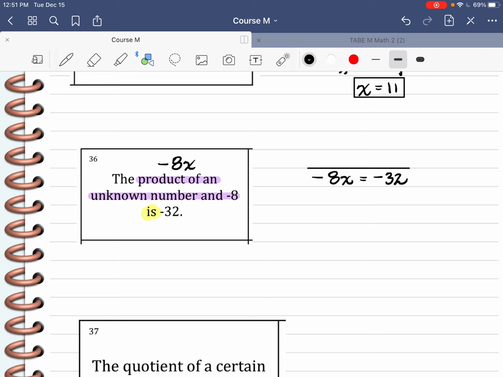And that matters. So we have our variable on the left, our constant on the right, and I need to divide away that coefficient. So x is positive 4. Be careful with those negative signs. Use your calculator if necessary.